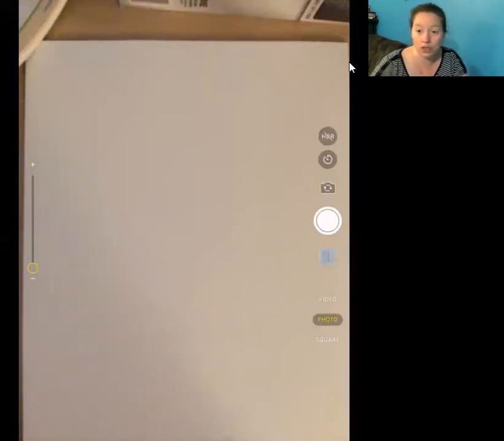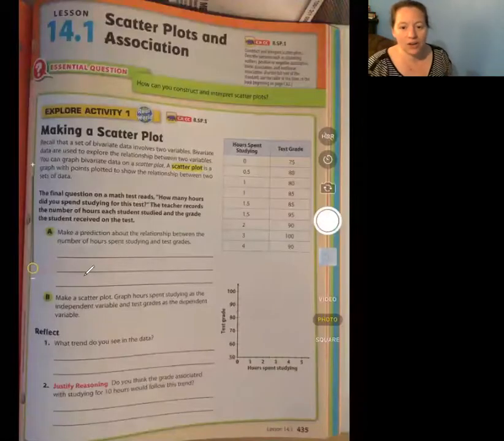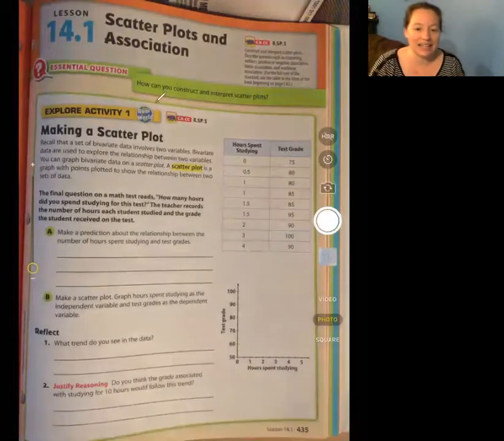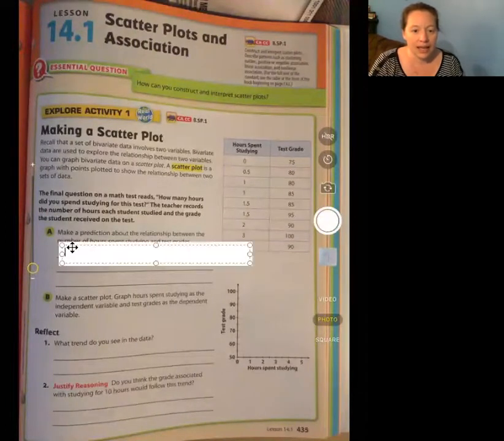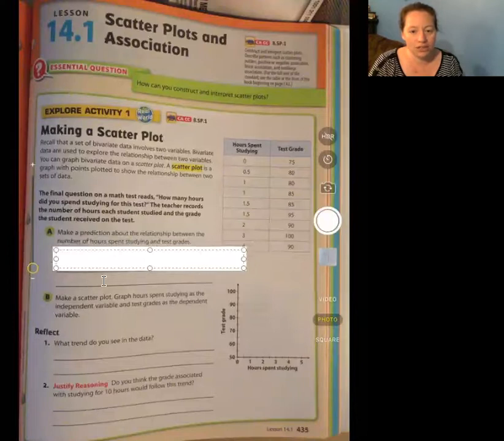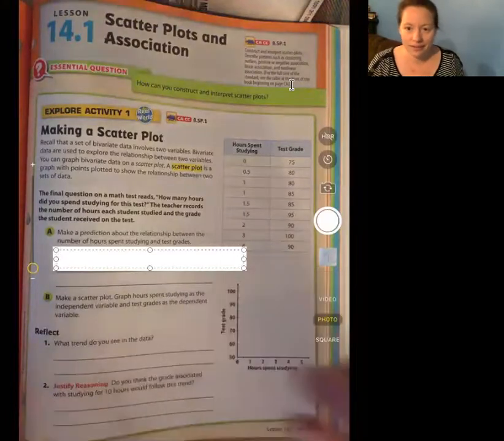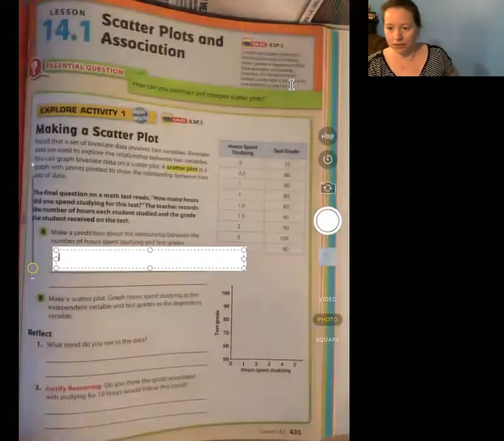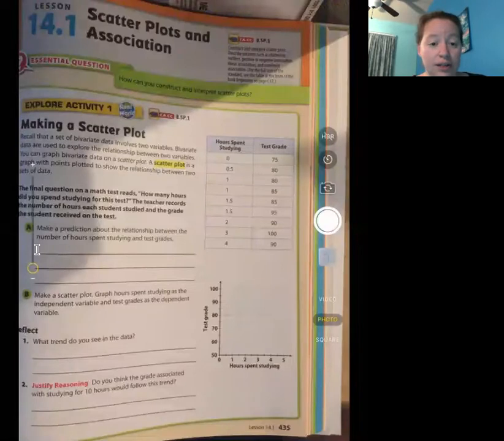Actually, I'm going to switch how I'm doing this. Just a second. Okay, so letter A says, make a prediction about the relationship between the number of hours spent studying and test grades. Generally speaking, you would think, okay, let's try this again.